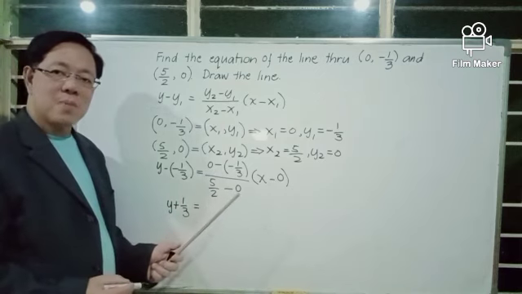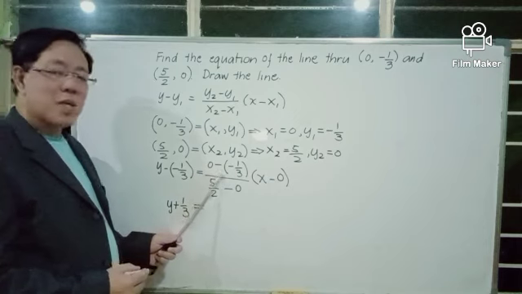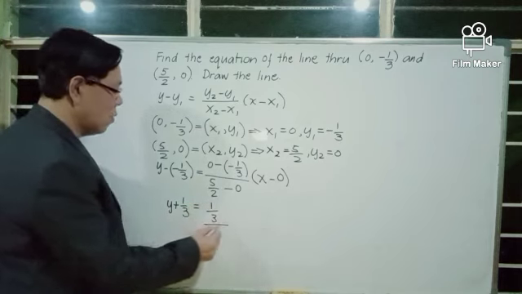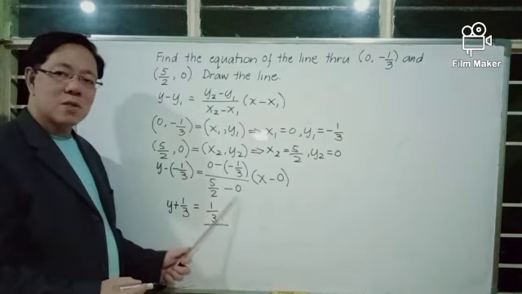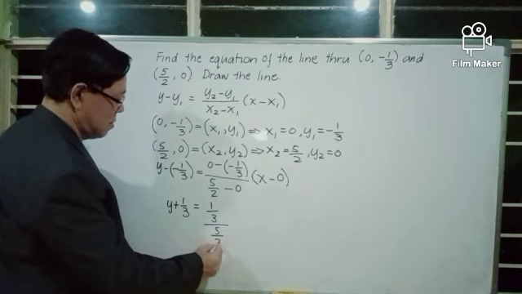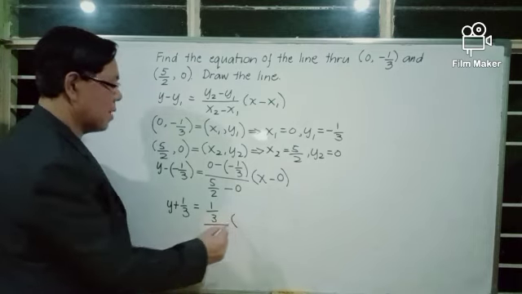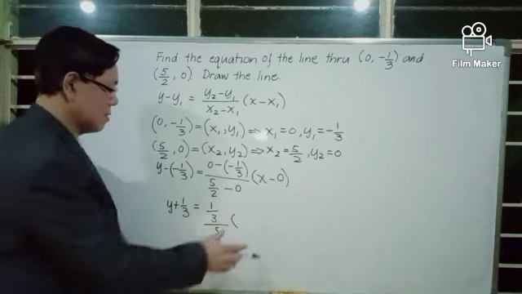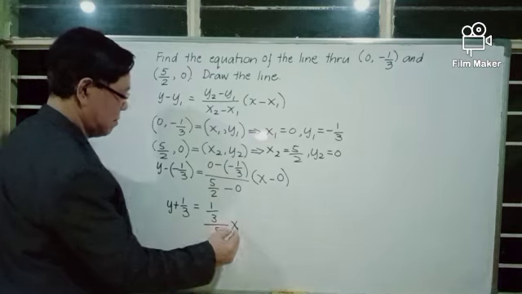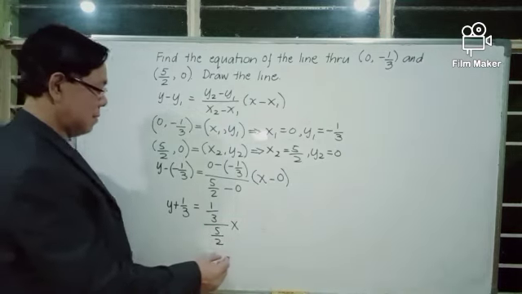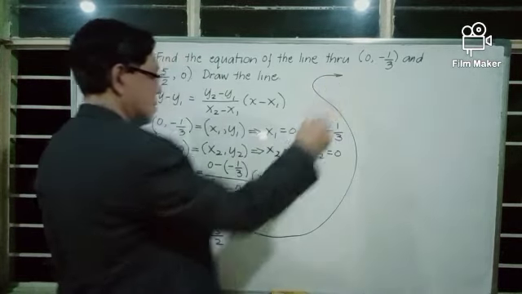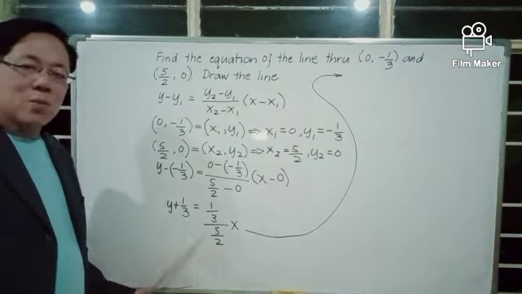Negative times negative is positive 1/3, and 0 plus 1/3 is 1/3, over 5 over 2 minus 0, or 5 halves minus 0 is 5 halves. Multiply by x. x minus 0 is x. We have y plus 1/3.